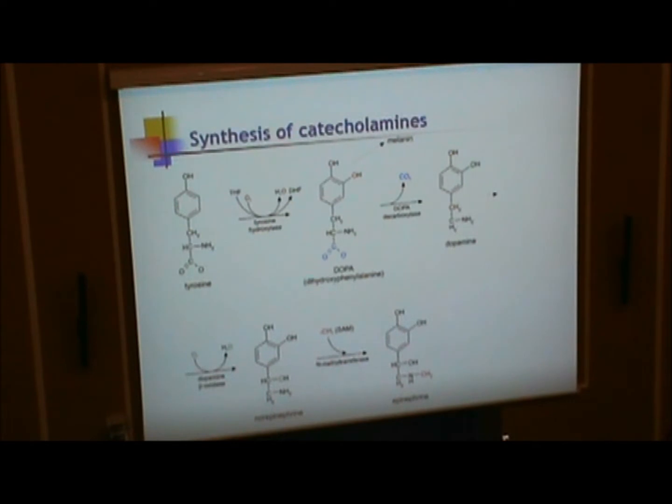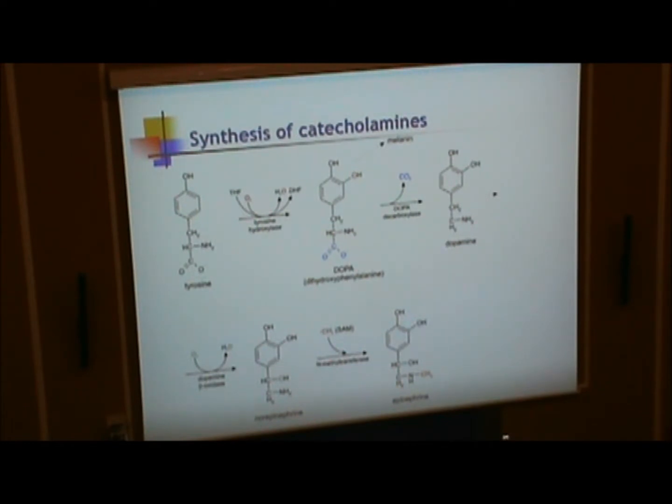So the red fragment is transferred from S-adenosyl methionine onto the amino group of norepinephrine, converting it into epinephrine.